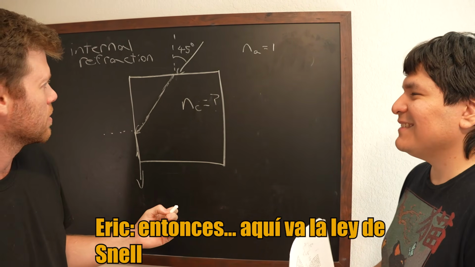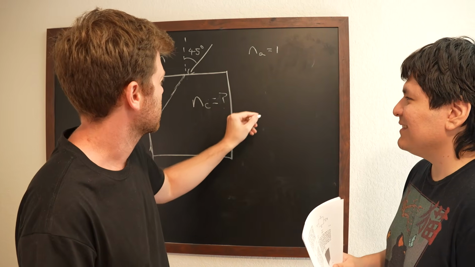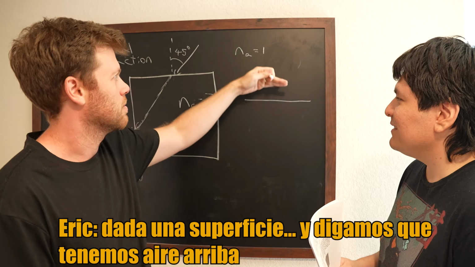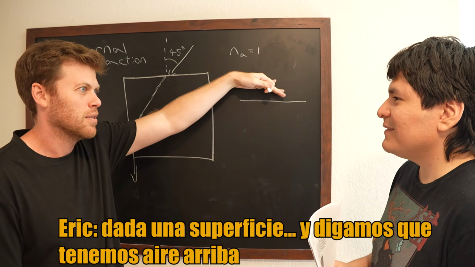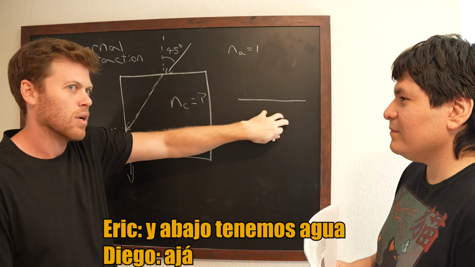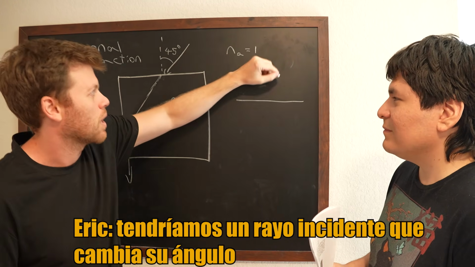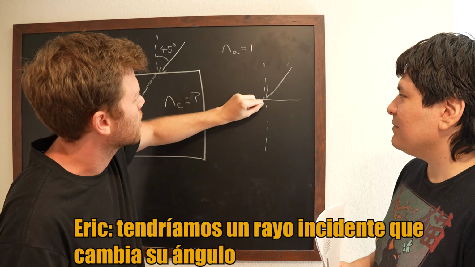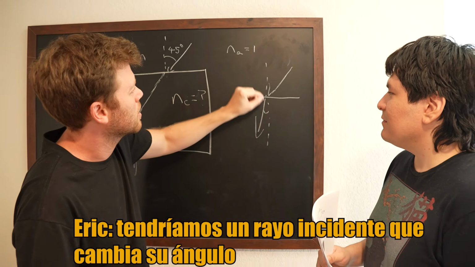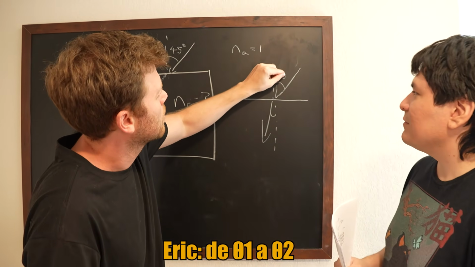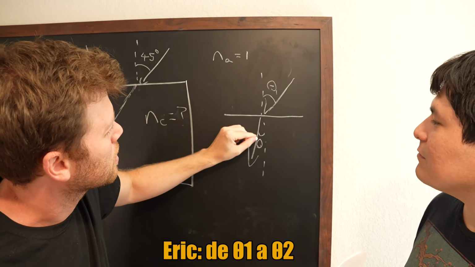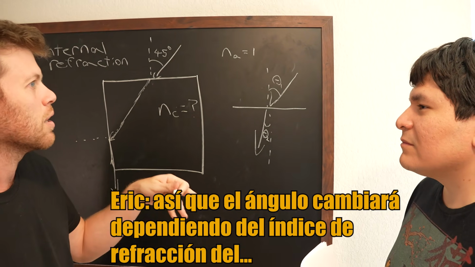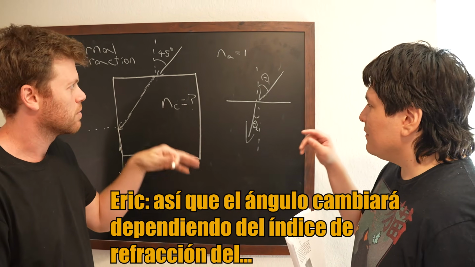So a reminder of Snell's law. If I have a surface, and let's say on top is air, and on the bottom is water, agua, we would have an incident ray of light change its angle. So theta 1 versus theta 2. The angle will change depending on the index of refraction of each.